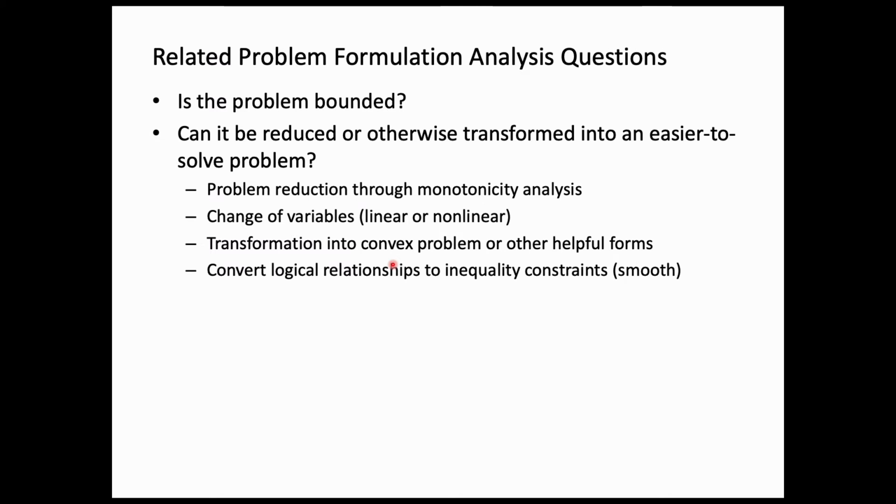Another type of transformation that's often helpful is if you have a problem where the analysis or the calculation of your objective and constraint functions involves some type of logical relationship. So, for example, if you have an if-then sort of statement somewhere buried within your objective function, that is a source of potential non-smoothness in the problem.